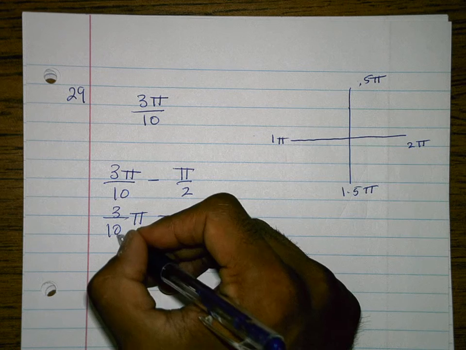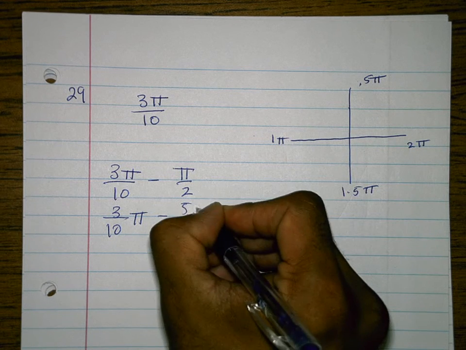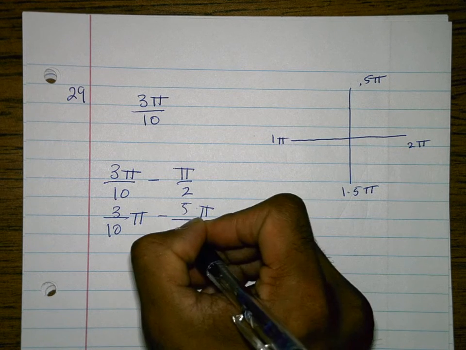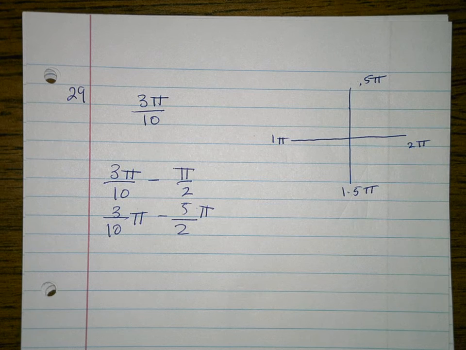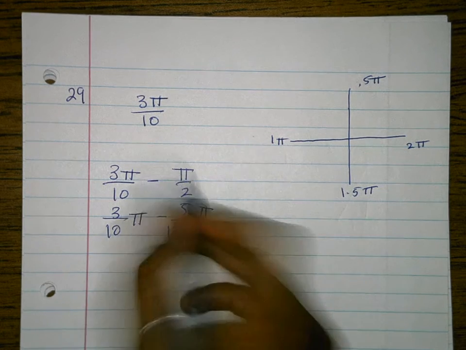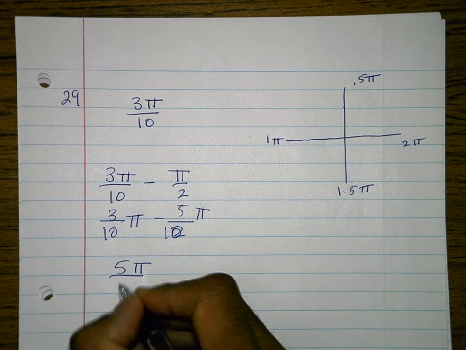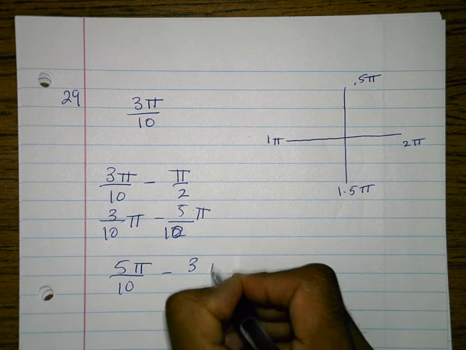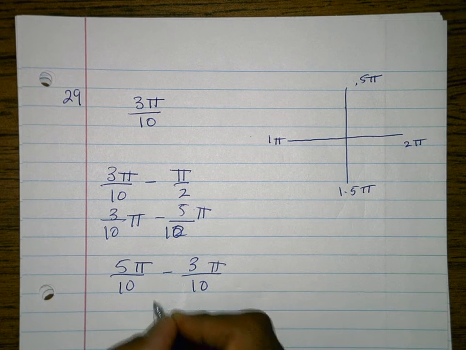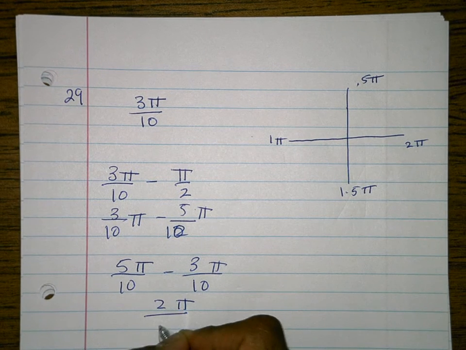The common denominator is 10, so I multiply this by 5 over 5. Sorry, I should have put these the other way around, so it should really be 5 pi. You can ignore the negative sign. That gives me 2 pi over 10.